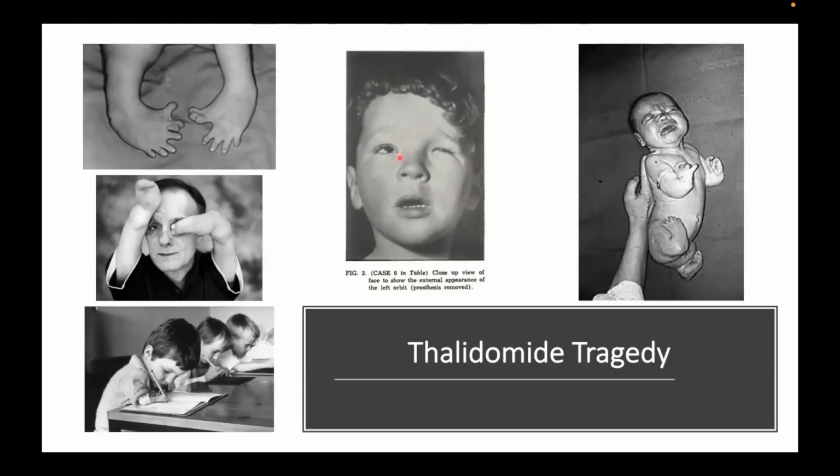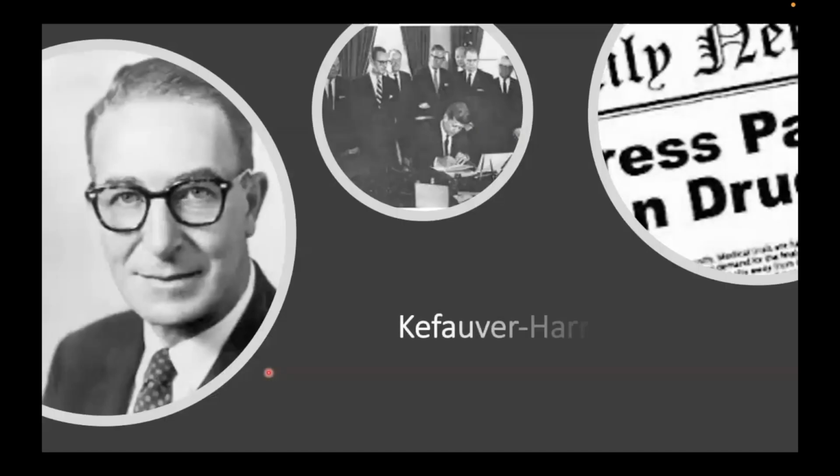So look at all these deformities. Okay, look at these. So these are actual pictures of survivors and patients affected by thalidomide. Okay, and after this tragedy, a year after, came the famous Kefauver-Harris Amendment. So basically, the thalidomide tragedy was 1961. Then a year after, President John F.